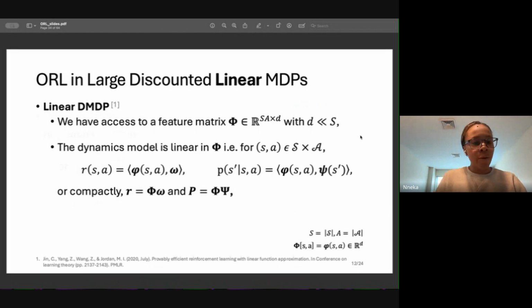Under this framework, we follow two assumptions: that we have access to a feature matrix phi, and that the dynamics model, meaning the reward and the transition function, can be linearly expressed in terms of this feature matrix phi. That means there exist some weights, omega for the reward and psi for the transition model, such that we can express the reward vector and transition matrix in this form.